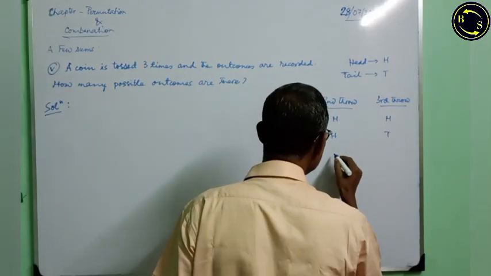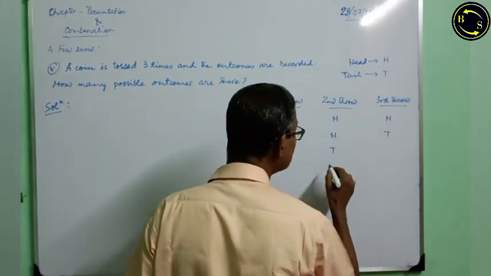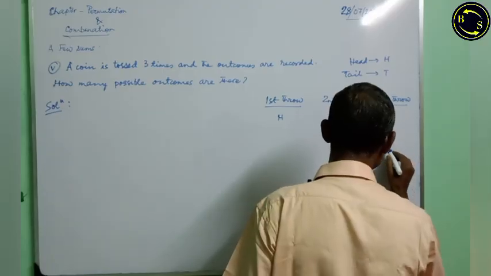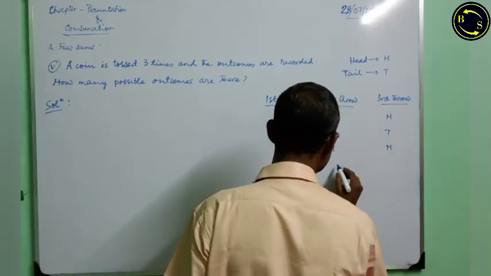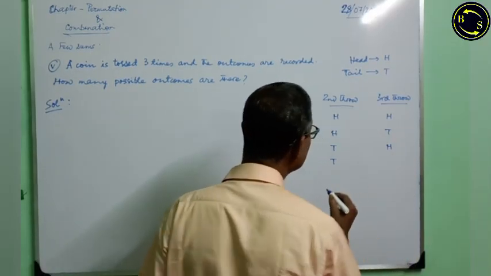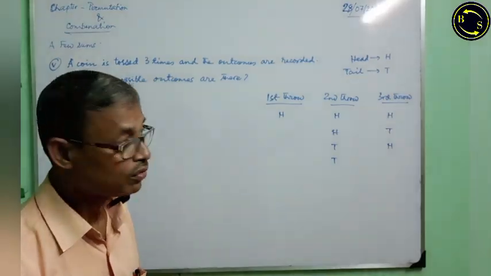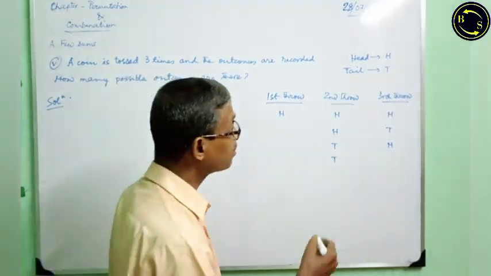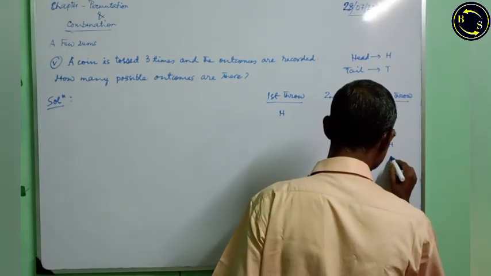Then, if we get tail in the second row, then in the third row we may get head, and if we get in the second row tail, in the third row we may get tail.